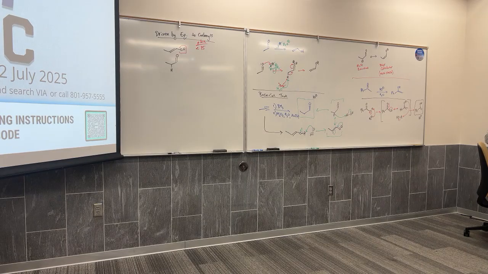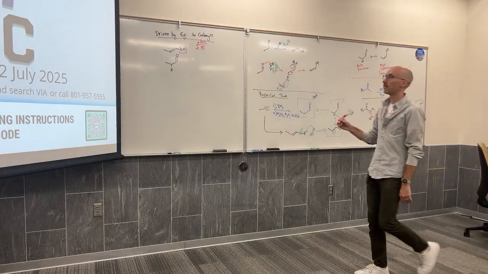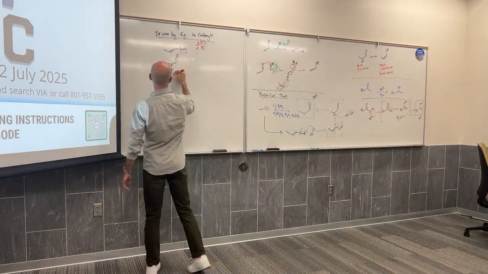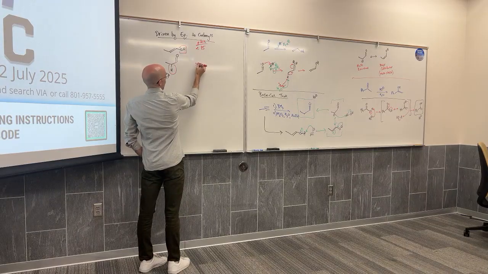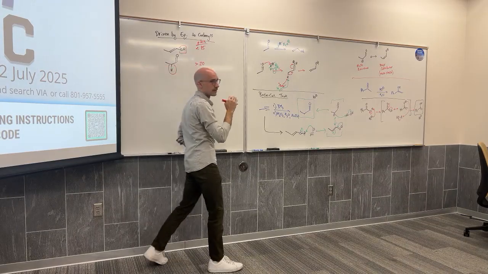Phenol, which is conjugated with the aromatic ring, has a pKa around 10. This alcohol is conjugated to an alkene, but not to an aromatic ring, so its pKa is going to lie somewhere between 10 and 15. But this CH, its pKa is going to lie higher than 20.